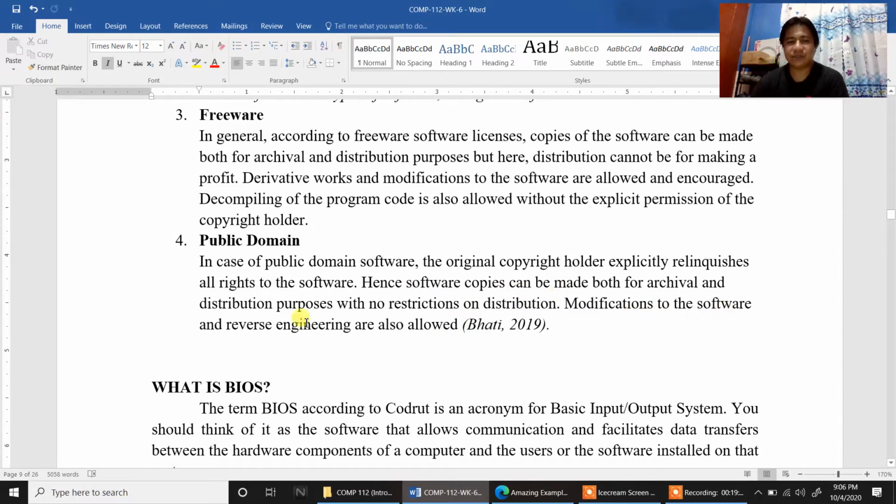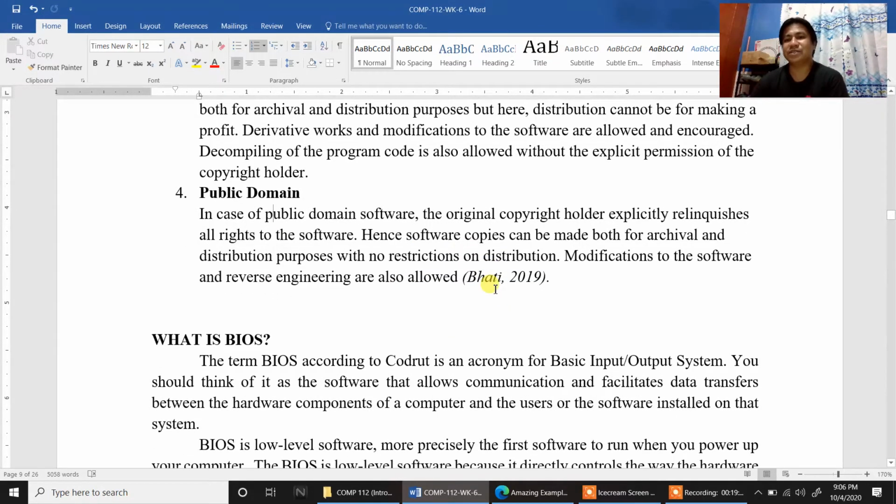Modification of the software and reverse engineering are also allowed. When you say public domain, they may have had copyrights, but you can still edit them once you have obtained the copyright.